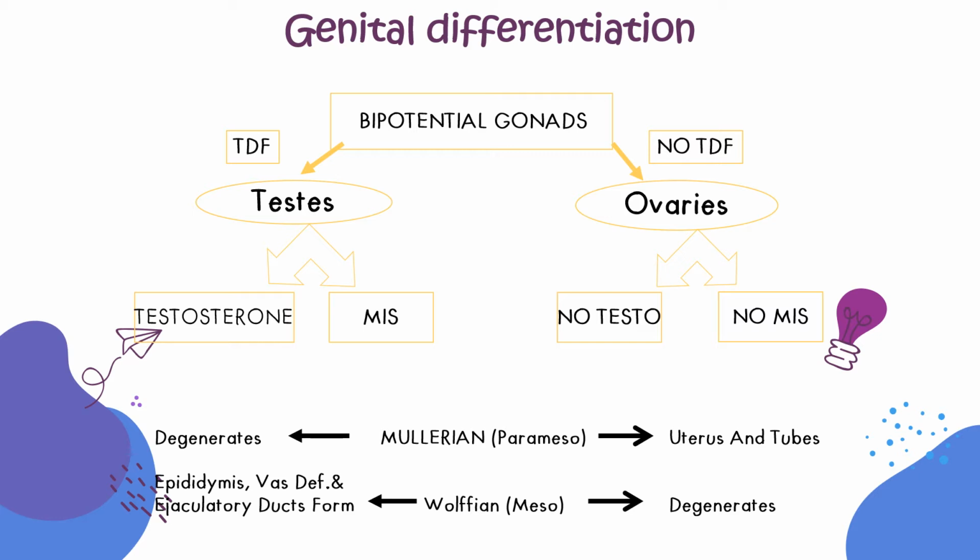The external genitalia also develop from a common primordium, which is the genital tubercle, genital swelling, genital fold, and the urogenital sinus.